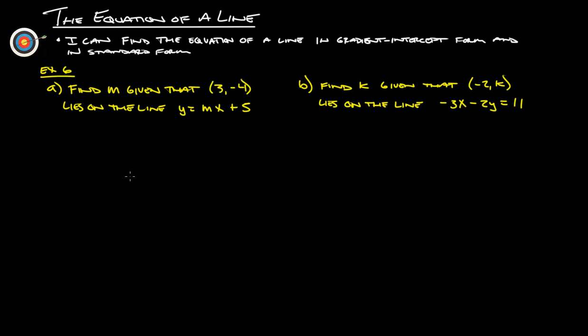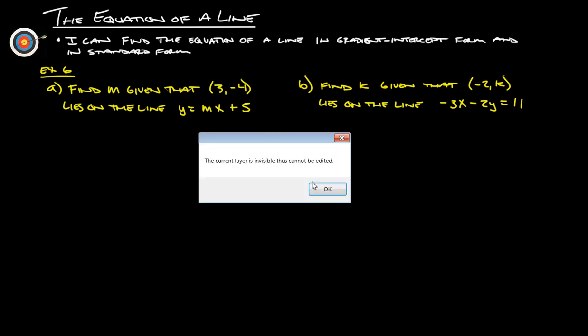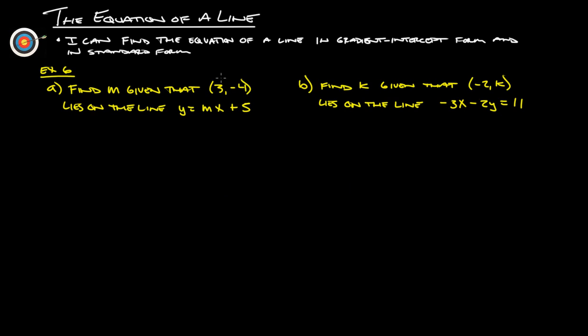Last couple of examples. Example 6: find m, the slope, given that (3, -4) lies on the line y equals mx plus 5. We'll look at part b in a second. We're looking for the slope, but we know this point is on this line. This is our x and this is our y, so let's plug stuff in. y is -4, x is 3, plus 5.